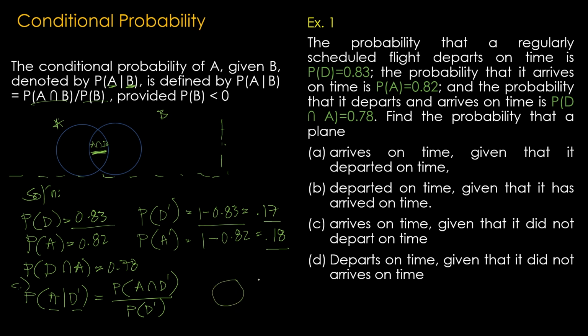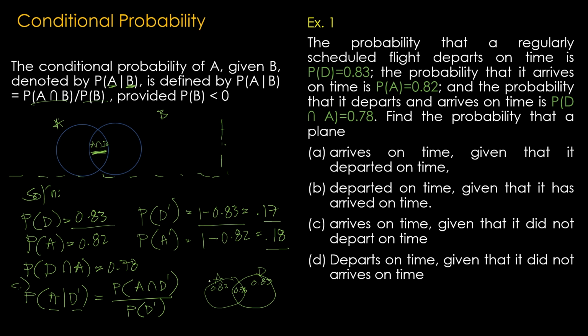If we have a Venn diagram that looks like this, and this is our event A and this is our event D, the probability that the plane arrives on time is 0.82, the probability that it will depart on time is 0.83, and the probability of the intersection of D and A is 0.78.